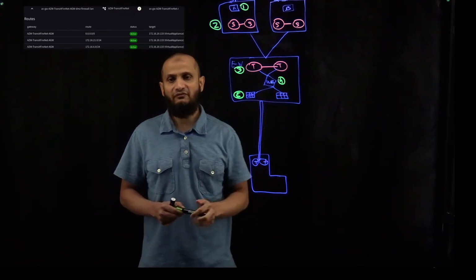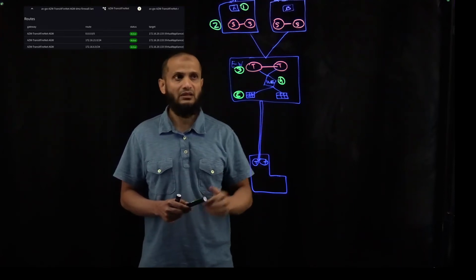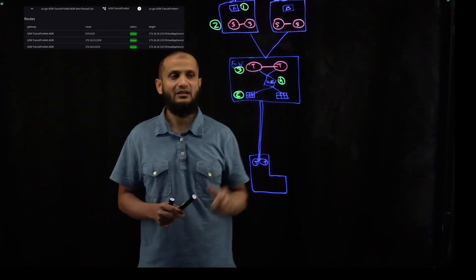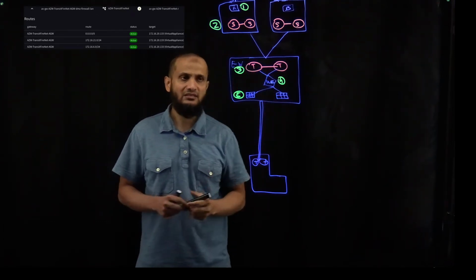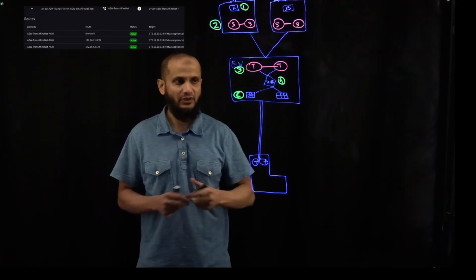Depending on the number of firewalls, the route will be created in those routing tables, and it will be load balanced between the transit primary and transit HA. So let's say in this scenario, we send the traffic back to the transit primary.